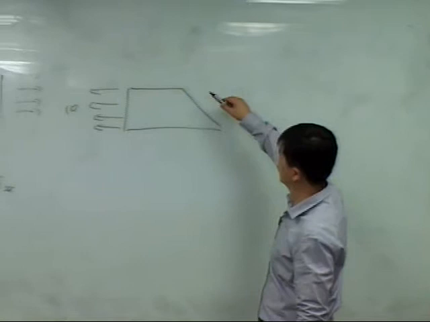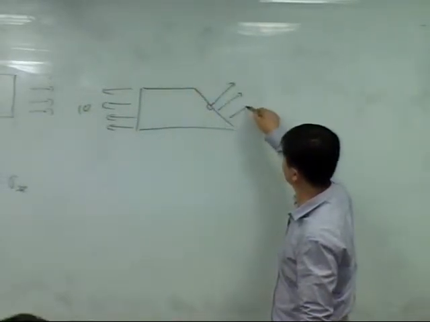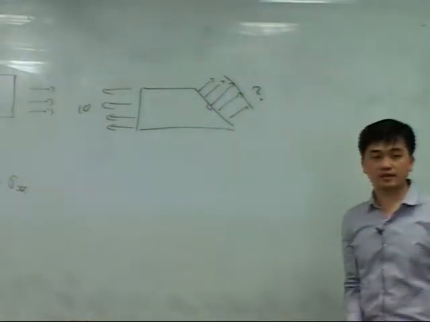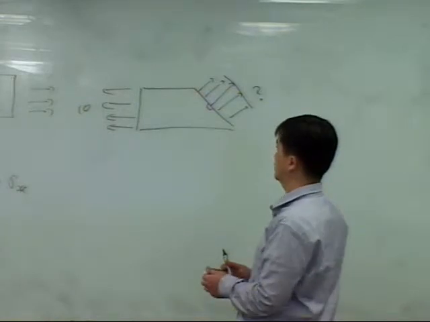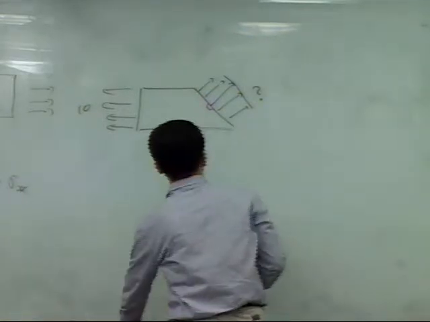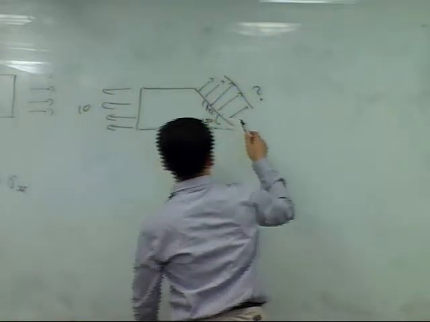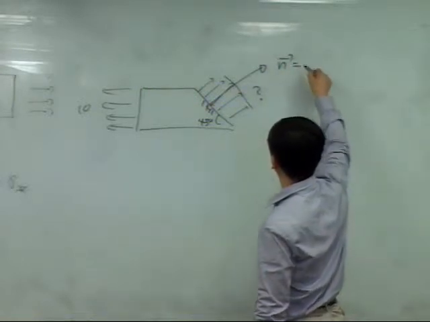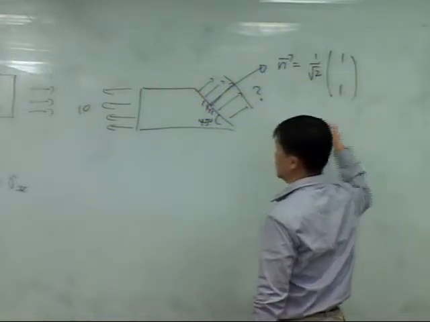Now I'd like to calculate the forces acting on this surface using the equation we have. This is 45 degrees. So on this surface, the normal vector n is (1, 1), right?